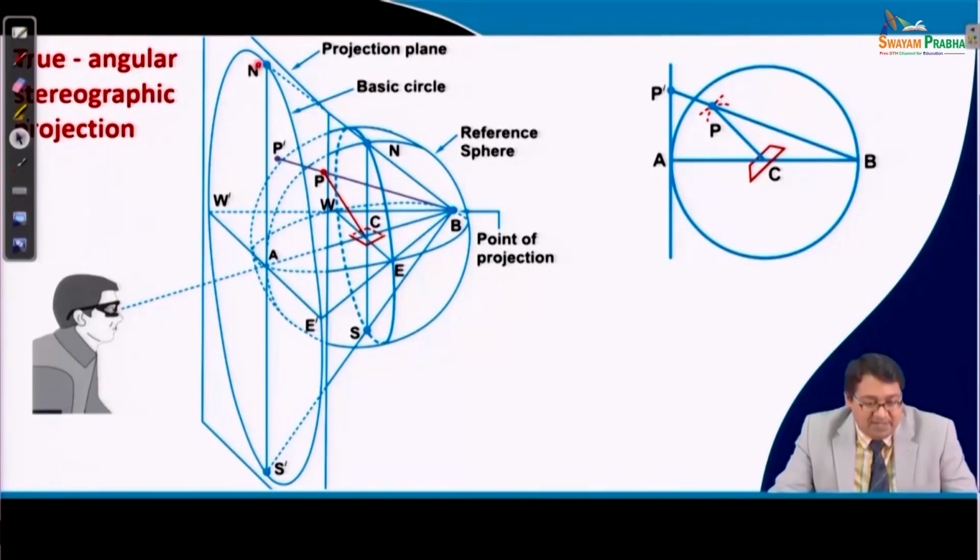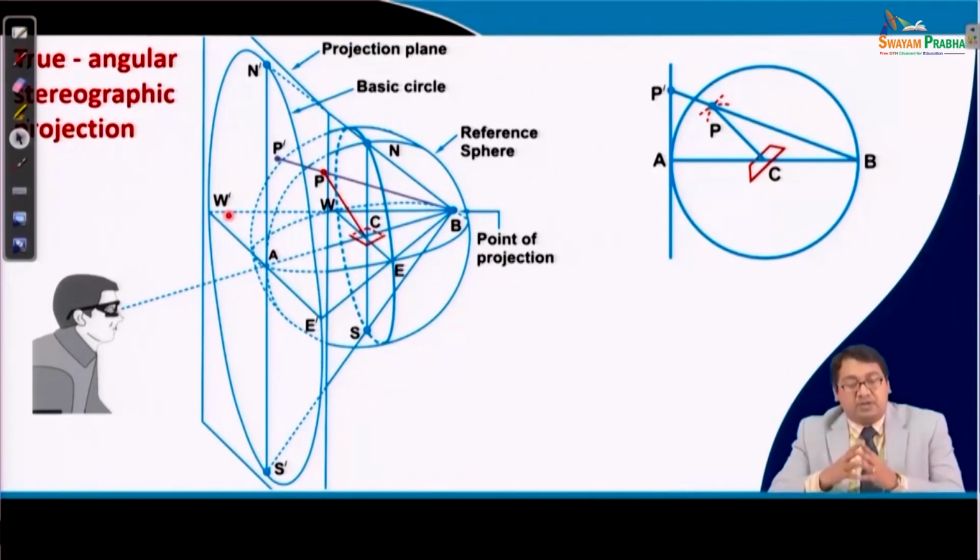So N becomes N dash, and the great circle goes like this, E which is east becomes E dash, S becomes S dash, and the west W becomes W dash. So the great circle is projected on the 2-dimensional screen, which is known as the stereographic projection, showing N dash, E dash, S dash, W dash with respect to the N, E, S and W of a great circle from the 3D stereogram.